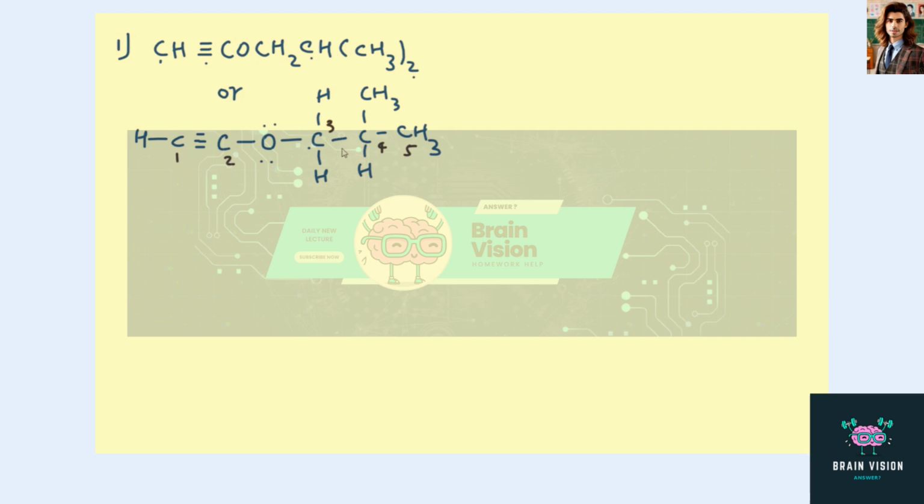So we have 5 carbon atoms. Now the important thing is that in the bond line formula we do not represent carbon and hydrogen atoms. We only represent some special kind of functional group or substituents if we have. So that's why the carbon and hydrogen atoms will be shown like so.